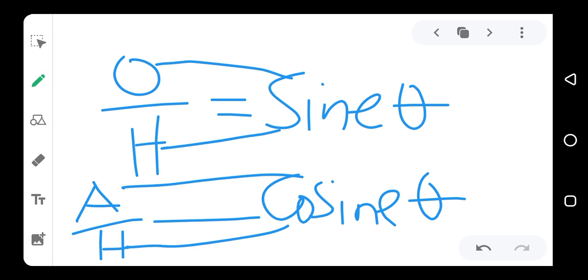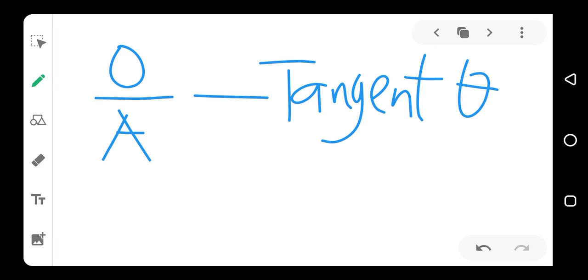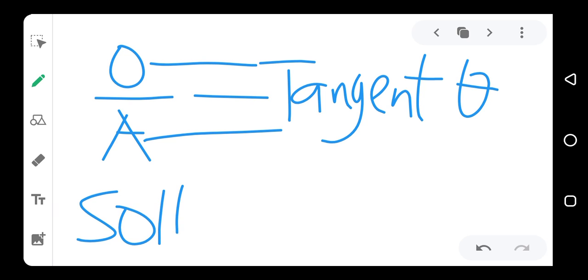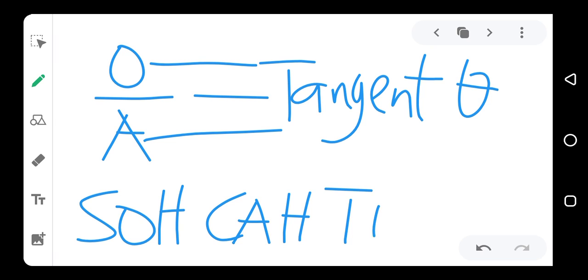So it becomes S-O-H, and this one C-A-H, and for this one it becomes TOA: we take the first one, T, we have T-O, then A. So everything will now give us SOHCAHTOA. This is a short form of remembering the sine rule, the cosine rule, and the tangent rule.